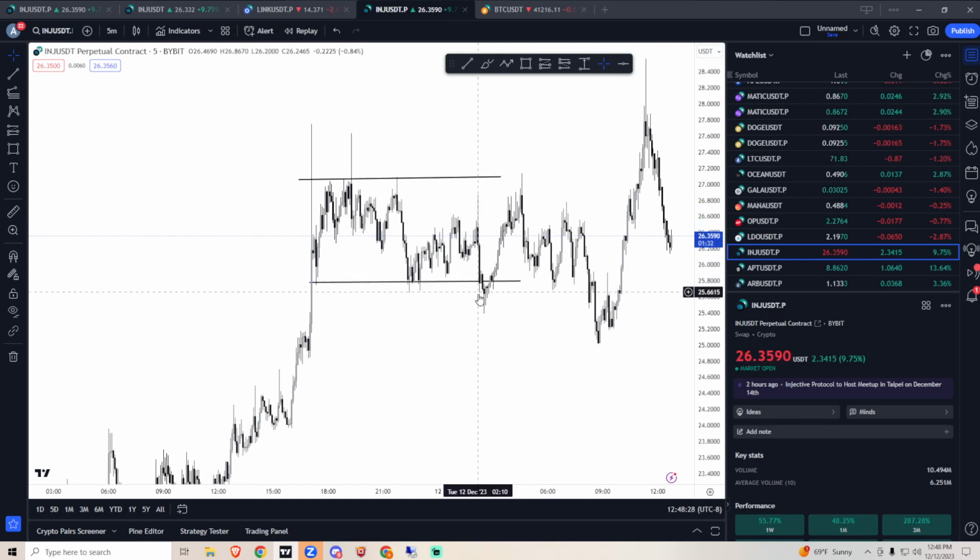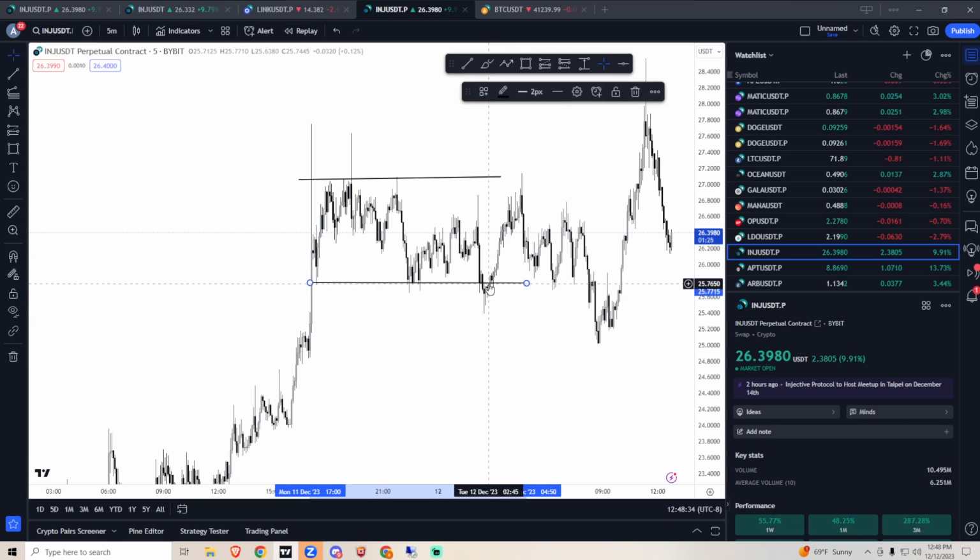Deviation once we broke down, closed below. Okay, it rejected it briefly, but once we reclaimed it, it was a clean deviation. So you need the candle to close down below previous support, and then once we reclaim it, usually it consolidates here.